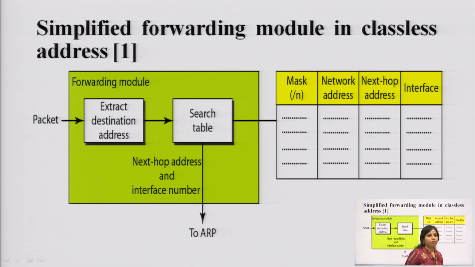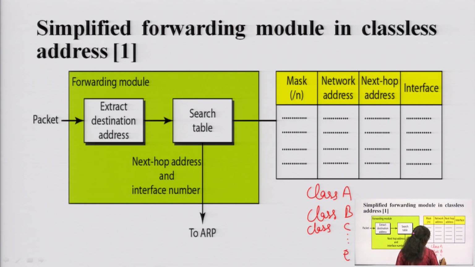Now, next we will move to the simplified forwarding module in classless addresses. In the previous lecture I discussed classes, the different types of classes, class A to class E. There are 4 bytes, like class A, then class B, class C up to class E. So, basically there are 5 different classes, and these 5 classes are described for IPv4 and IPv6 addresses, denoted by dotted decimal, or you can also use the hexadecimal notation.